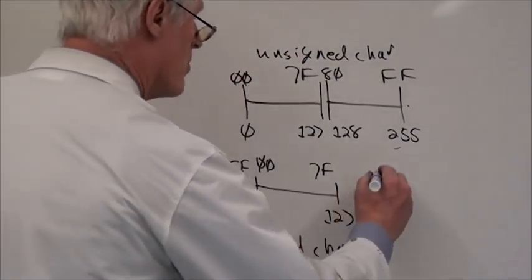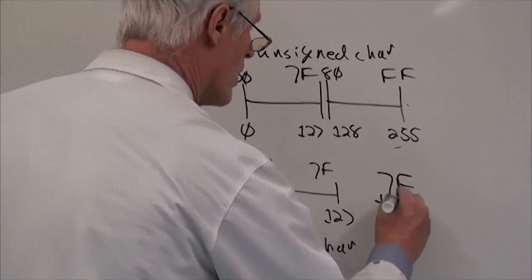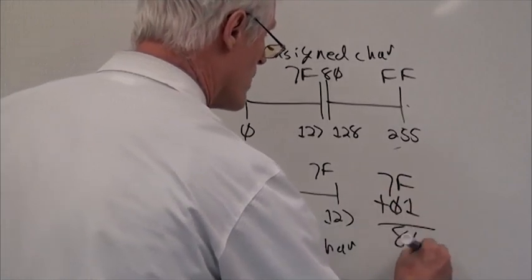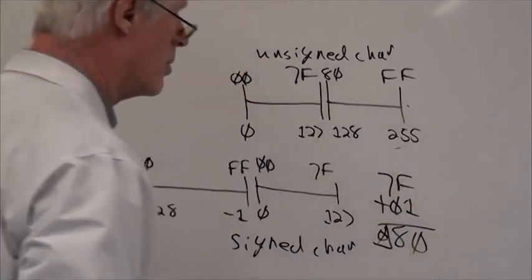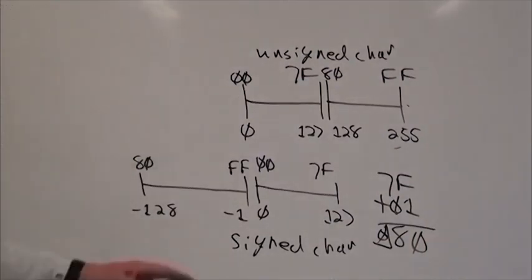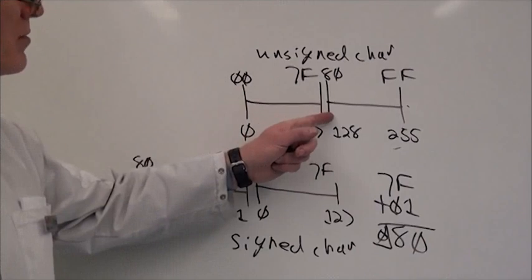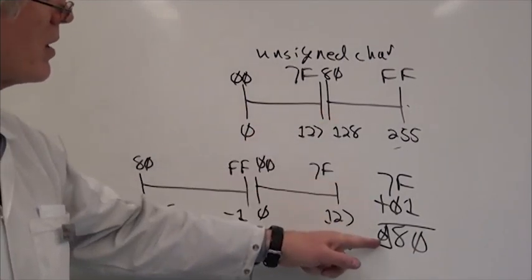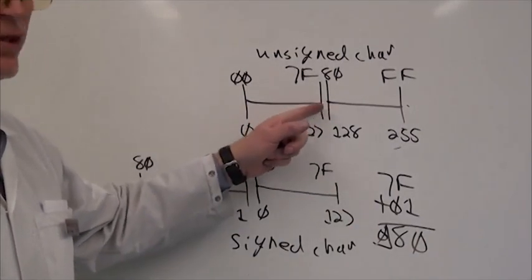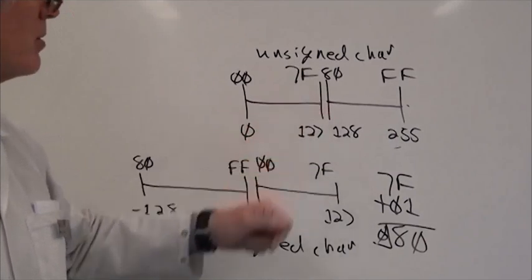For instance, if I do this math, 7F plus 1, that's 80 plus no carry. Let's look at this calculation up here. 7F plus 1 is 80. Makes perfect sense, and no carry here says I did not go past the bounds of my unsigned numbers.